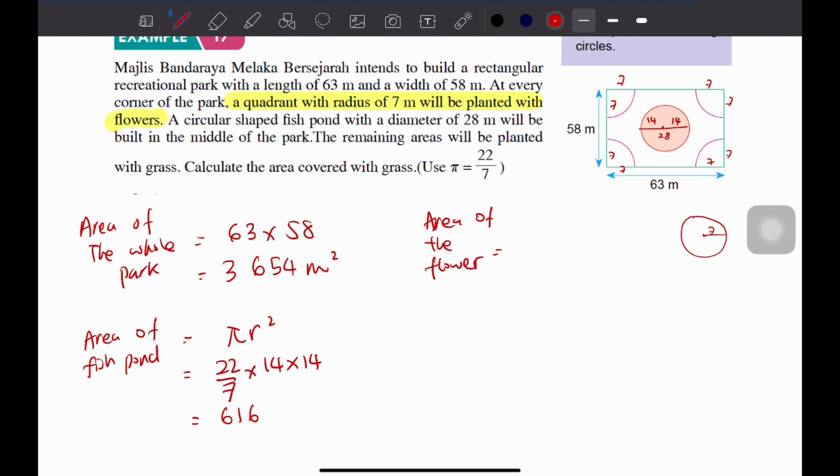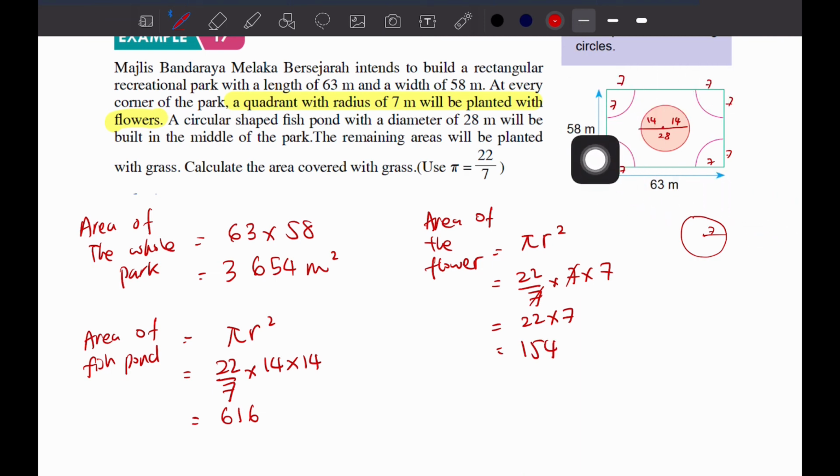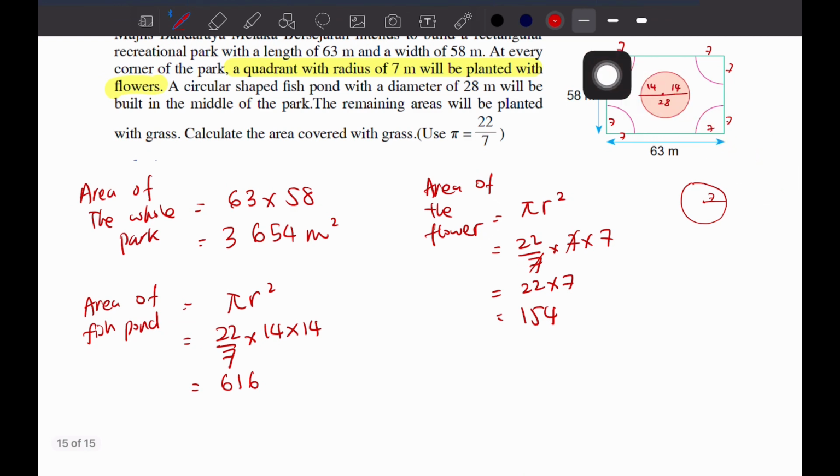So you can use directly the formula of pi r square: 22 over 7 times 7 times 7. This one cancels out, 22 times 7 is 154. But if you want to calculate it individually, yes, you can, but it just wastes your time. Buat apa nak susah-susah kalau boleh senang kan? So we just combine these 4 quadrants and it becomes a whole circle.